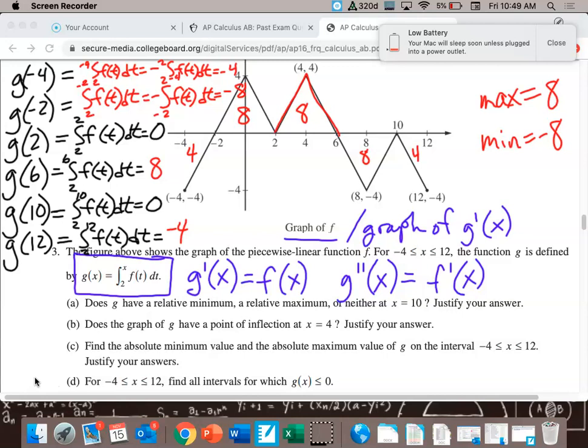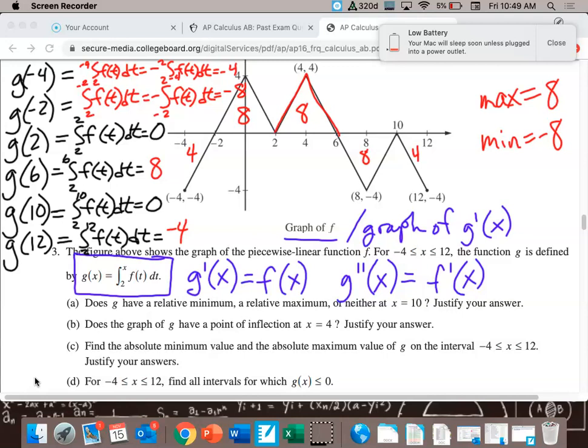So from 2 to 6, we know g is positive. What about from 2 to 10? Still positive, because you've got 8, and then you're subtracting, but you're still positive. So if we start at 2 and we go all the way to 10, we are positive, we're subtracting, but we're still positive, and we hit 0 here.